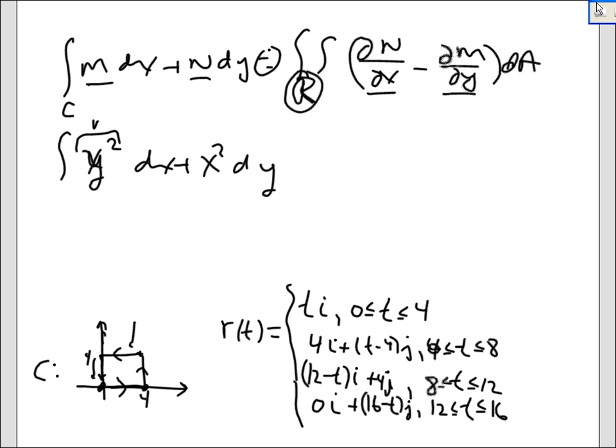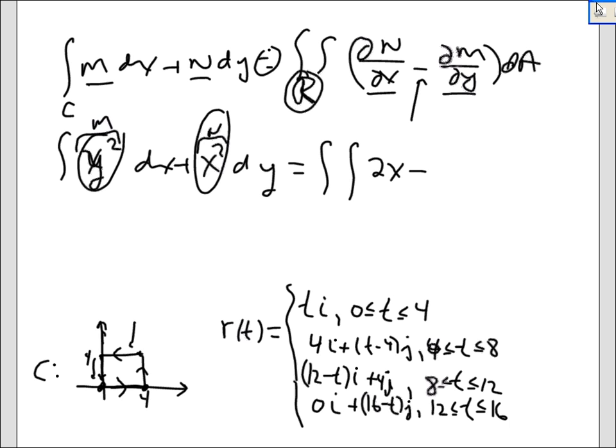This here is M, this here is N. So in the double integral, the partial of N with respect to x is 2x, minus the partial of M with respect to y, which is 2y. And our dA is just dx dy. And x goes from 0 to 4, and so does y.